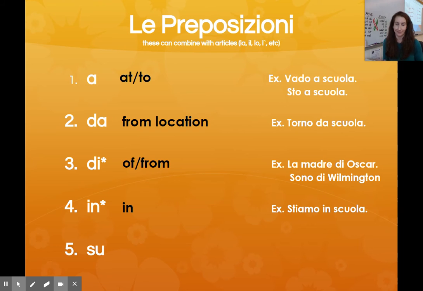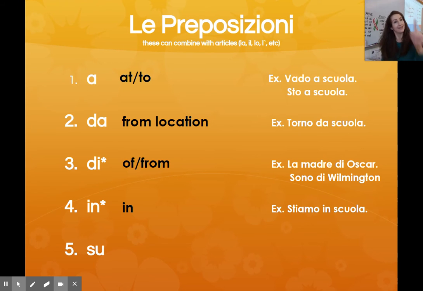In is in. Stiamo in scuola. We're in school. Sto in la macchina. In la macchina. Believe it or not, changes a little bit. So di and in, again, the stelline, the stars next to them, perché? Because they change a little bit when they combine with the articles. You'll see a little bit later.